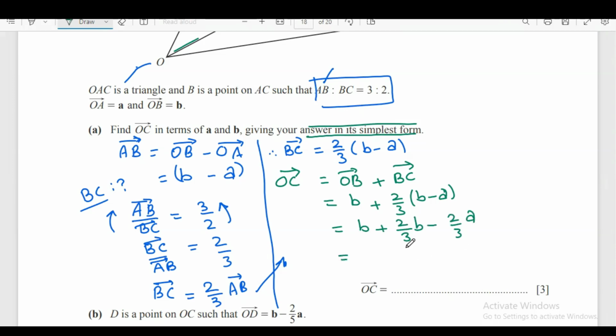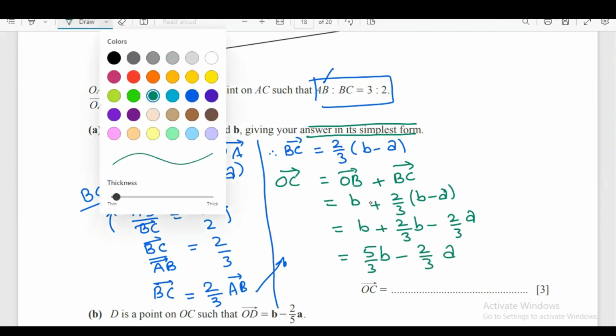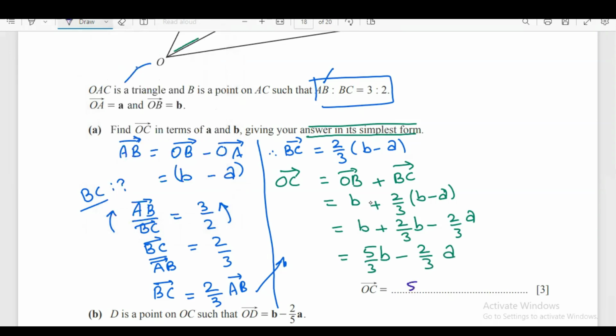So 3/3 b plus 2/3 b will be 5/3 b minus 2/3 a. So this is the final answer for part a: 5/3 b minus 2/3 a.